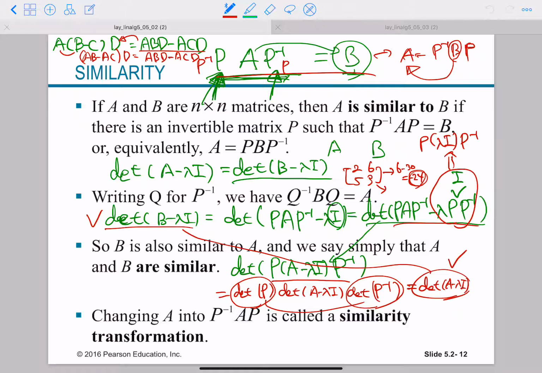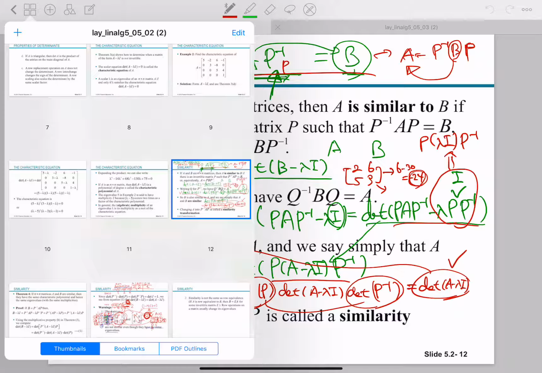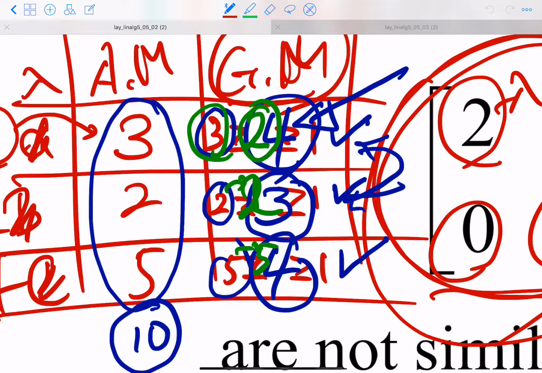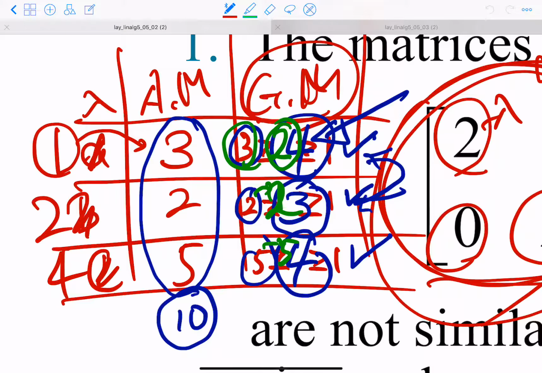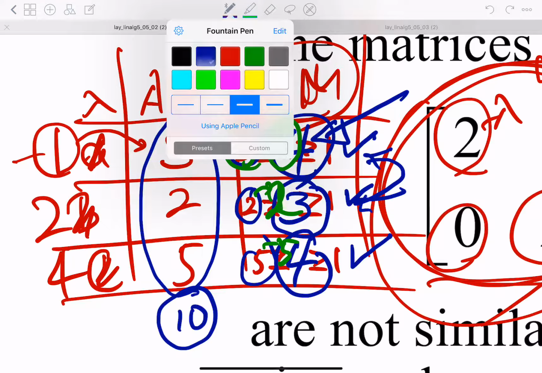And so back to this guy. Okay, so we consider this algebraic multiplicity and the geometric multiplicity given distinct eigenvalues, right?